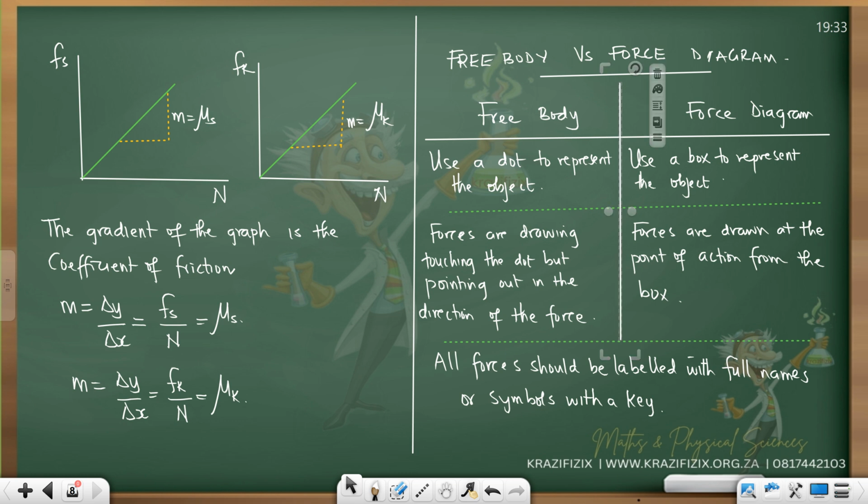All forces should be labeled with full names or symbols with a key. So we are going to look at a few examples of free body diagrams tonight.